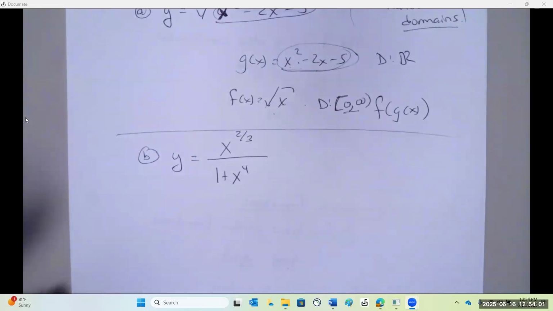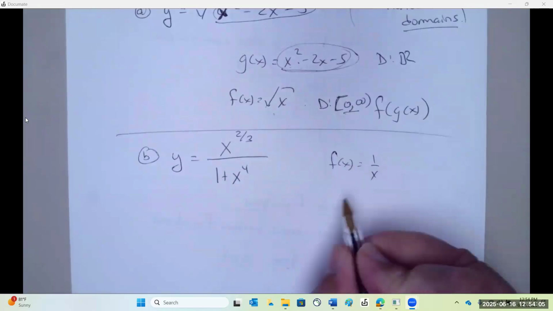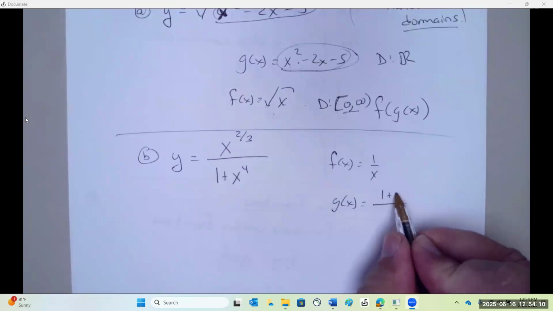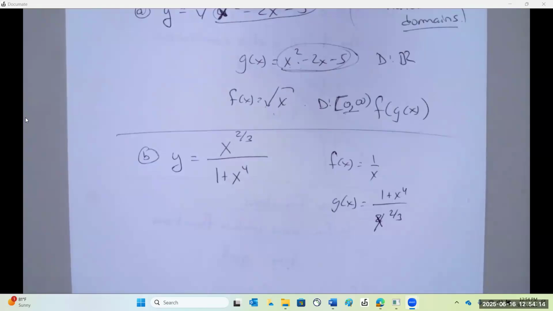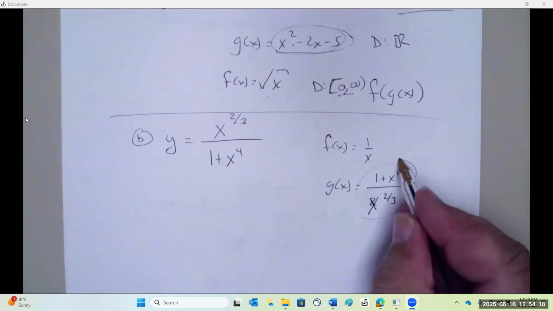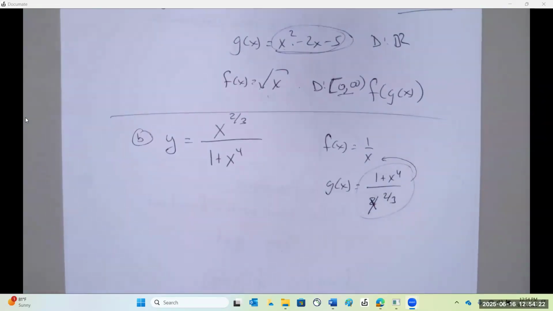And there are many ways you can write this one. You can say f of x is 1 over x. G of x is 1 plus x to the 4th over x to the 2/3. If I plug this inside there, I get this reciprocated.